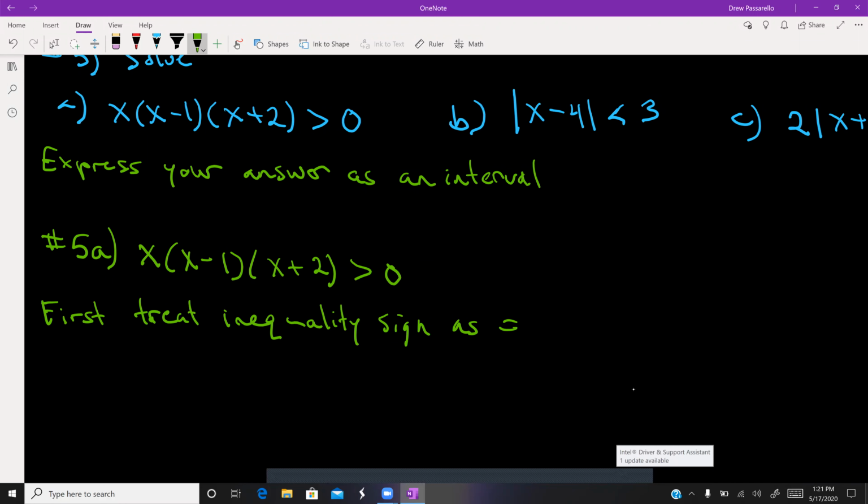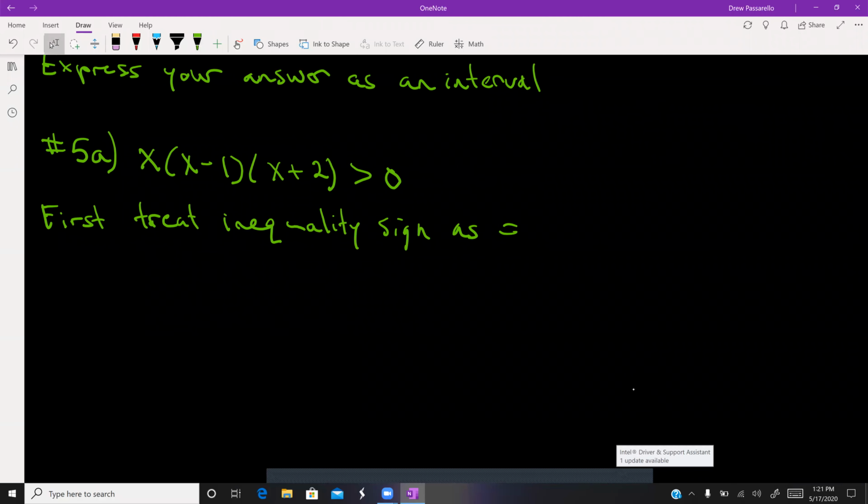And these are going to give me, I guess I would call them test values, is what this will give me. So this will give some test values.